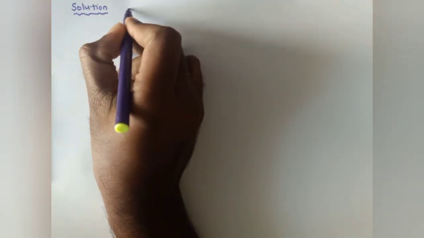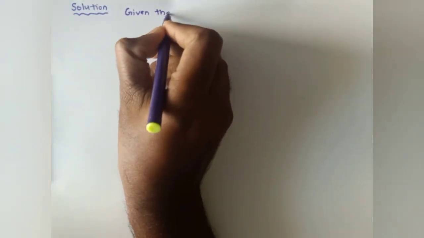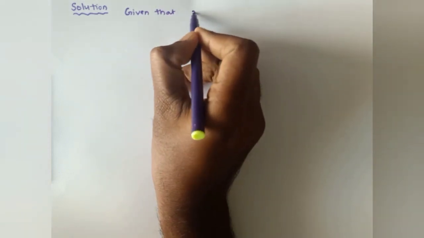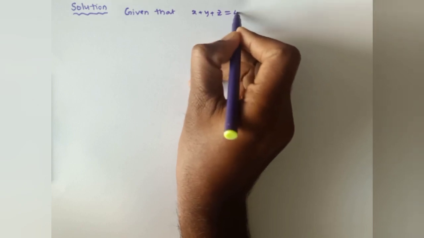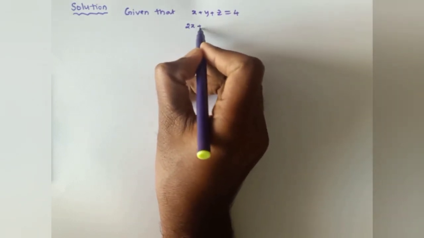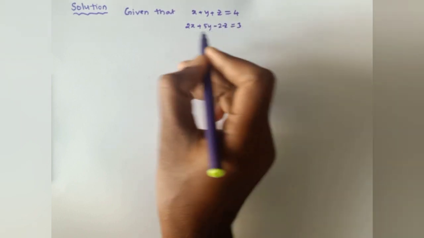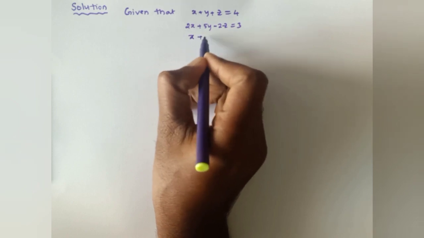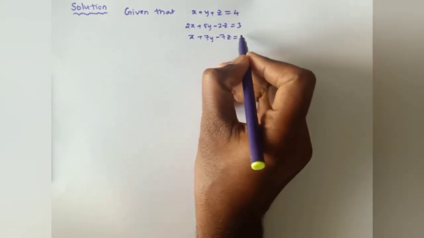So let's see the solution for this. Given the system of equations: x plus y plus z is 4, 2x plus 5y minus 2z is 3, x plus 7y minus 7z is 5.